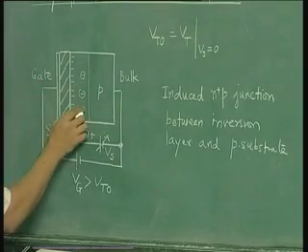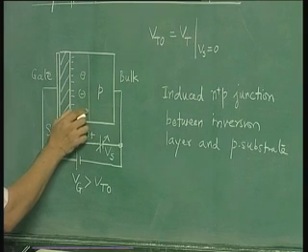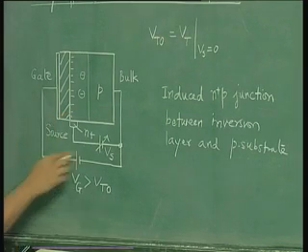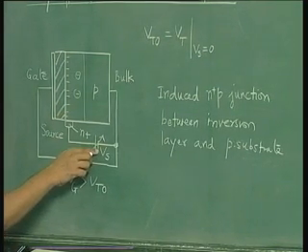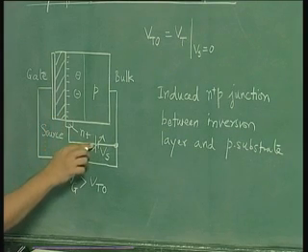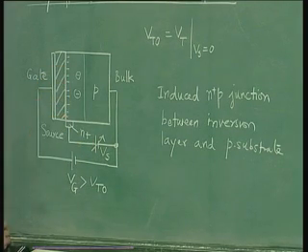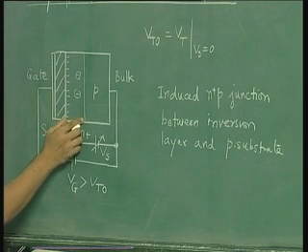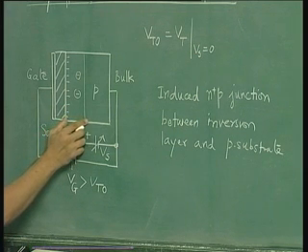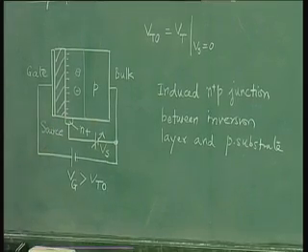Now once we recognize that this is an induced N plus P junction, we can easily see what is the effect of applying a reverse bias Vs on this junction. Note that this voltage is getting transferred to this inversion layer. So the situation for this particular space charge region can be shown as follows.